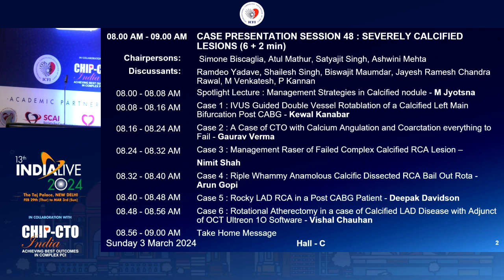Of course, now with the advances in, or the routine use of, imaging and lesion preparation with atherectomies and IVL balloons, things have become much better. Still, there are a lot of issues which one has to improve in. I think in the lectures which are going to follow, we are going to be more intelligent on these aspects.